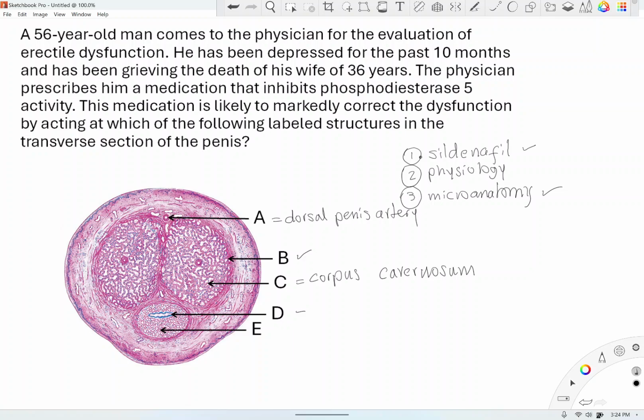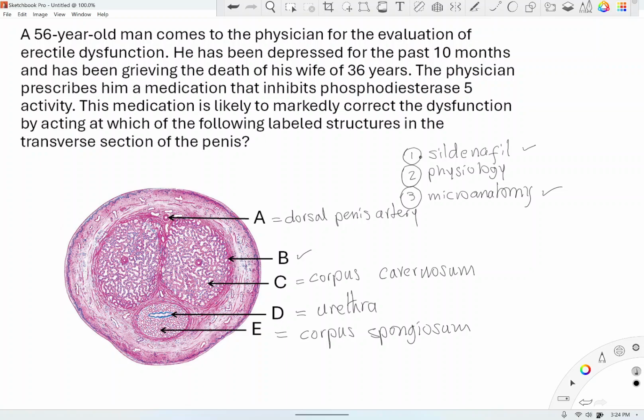D is the urethra. E is corpus spongiosum. The urethra is the tube through which urination occurs. It is used for transport of urine out of the bladder.